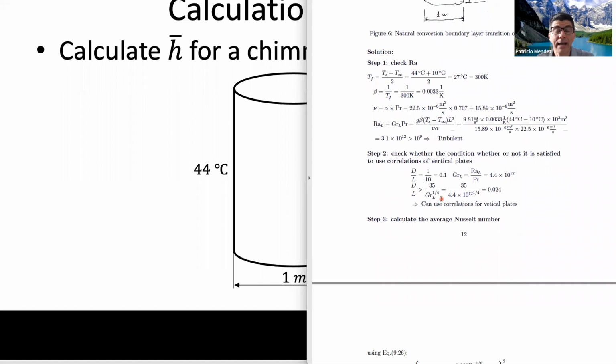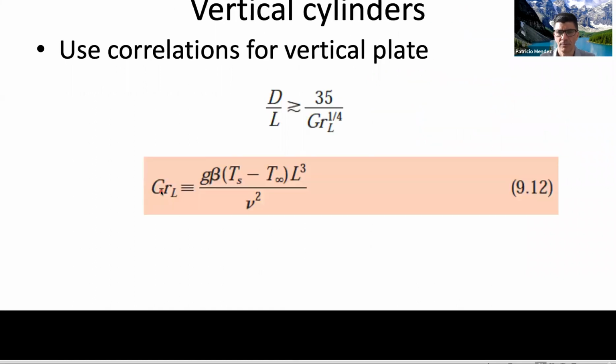So can I use my correlations for a wall? If the answer is no, then I don't know what to do. But if I can use my correlations for a wall, then I'm a happy guy. I'll be calculating a cylindrical chimney, assuming it is just a flat wall. And D over L is 0.1 and 35 over Grashof to the 1/4. That was the condition.